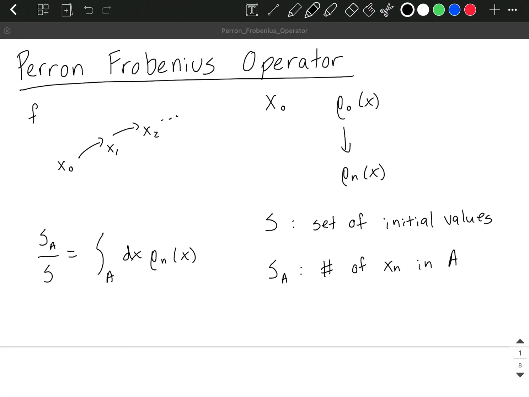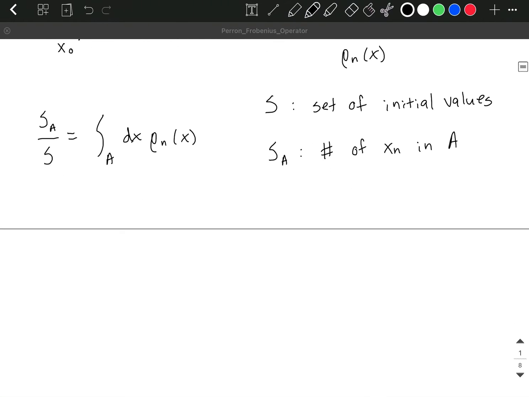But the main topic of the video today is the Perron-Frobenius operator, and so let's define that.